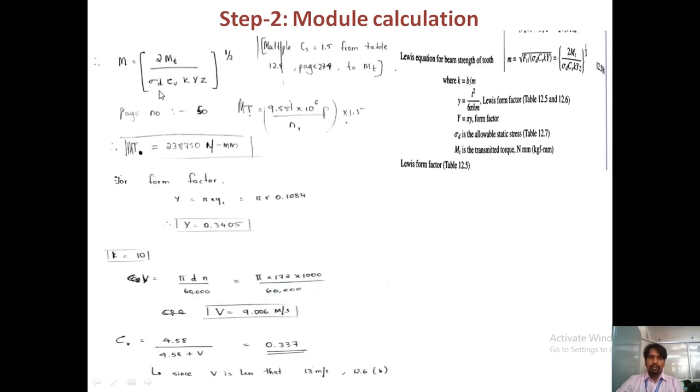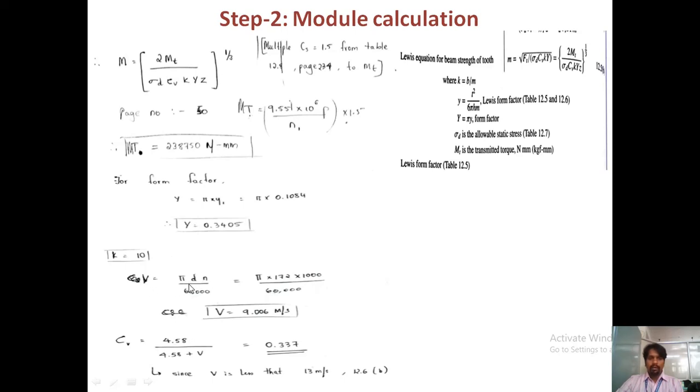The mt is known, sigma d1 is known, and k is equal to 10. We have calculated the form factor, and we need z1, so take the assumed value of z1, and the Cv value. In the previous problem, we assumed Cv is equal to 0.5 since the diameter was not given. If diameter is not given, we cannot calculate velocity because Cv depends upon velocity. To calculate velocity, diameter has to be known.